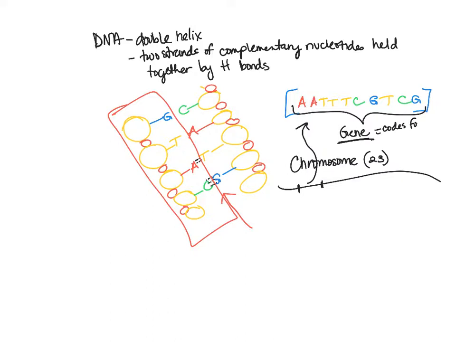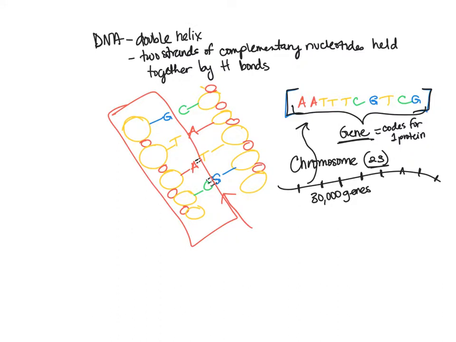If we pretend that this section here is one gene, we could say that this codes for a particular protein. We have, as humans, about 30,000 genes in our body. So on our 23 different chromosomes, we're going to have lots of sections that encode different proteins, our genes.